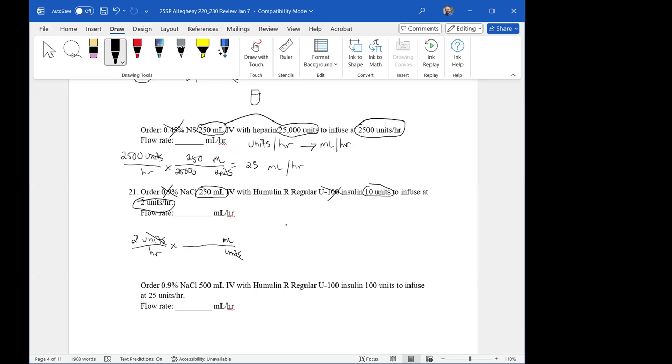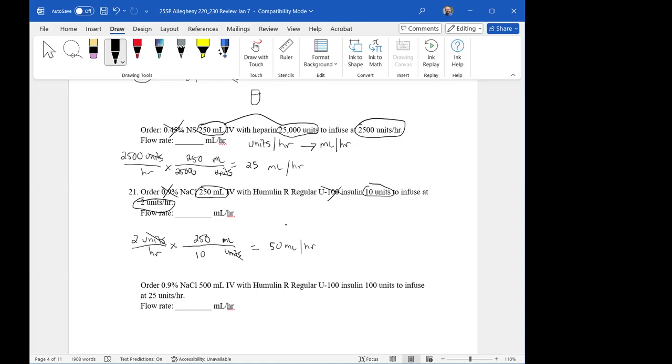And the only thing that's stated here that contains milliliters and units is our IV. So 250 ml and 10 units. And then we're going to take 2 times 250, which is 500, divided by 10, which will give me 50 mil per hour.